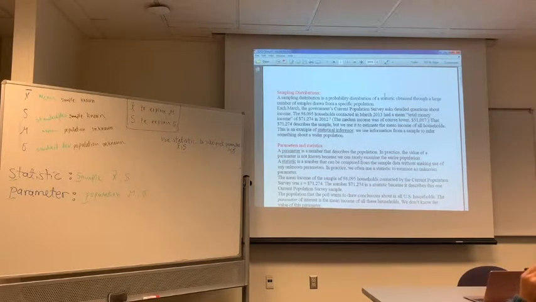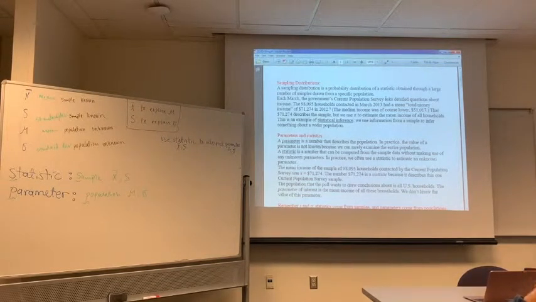Okay, so let's read this. It says, the mean income of a sample of 98,095 households contacted by the current population survey was X bar equals 71,274. The number 71,274 is a statistic because it comes from a sample, right?